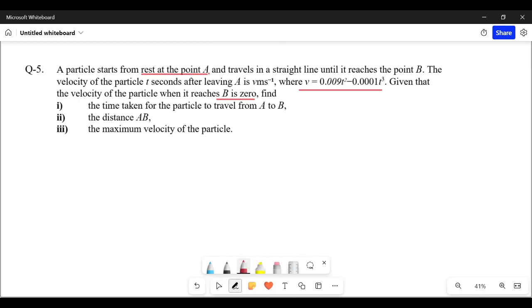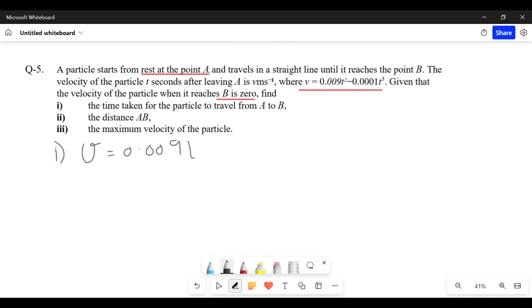Okay. So the velocity is given by the equation v equals 0.009 t square minus 0.0001 t cube.